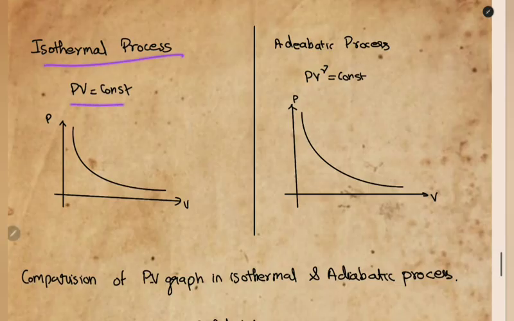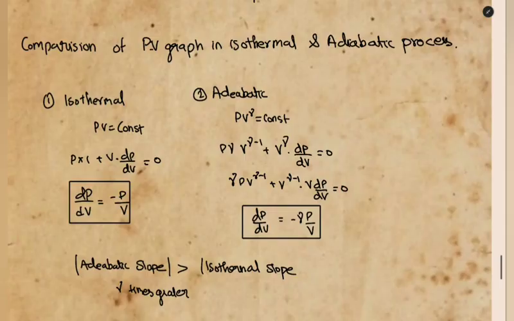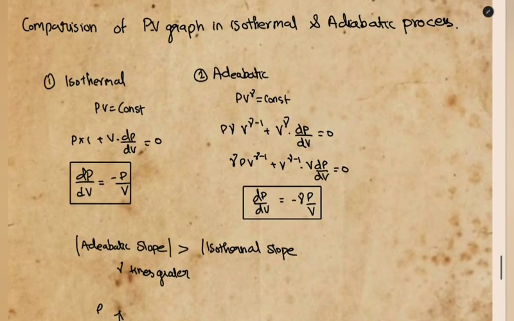So isothermal process, PV is equal to constant, and adiabatic process, PV to the power gamma is constant. The graphs will be like this. But if they gave a combined graph, how will you find which graph is for isothermal and which is for adiabatic? Well, welcome to the session: comparison of PV graph in isothermal and adiabatic process.